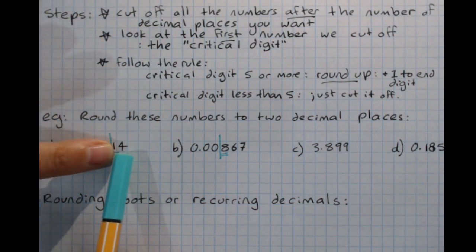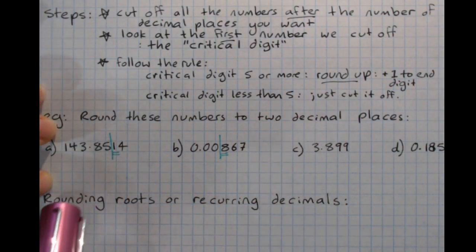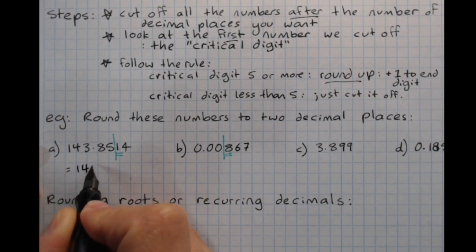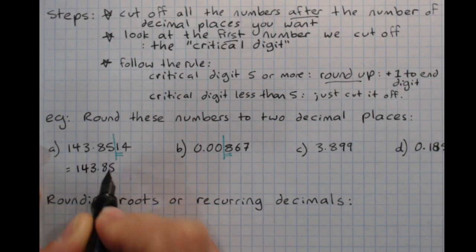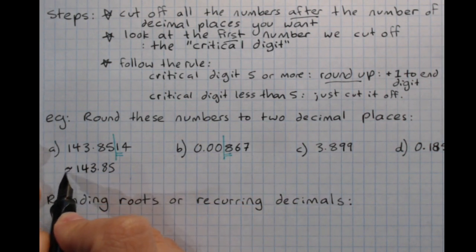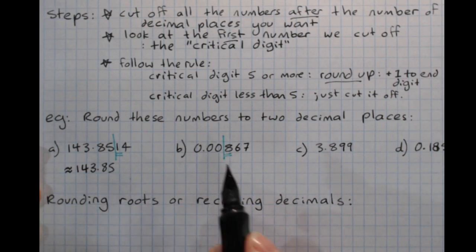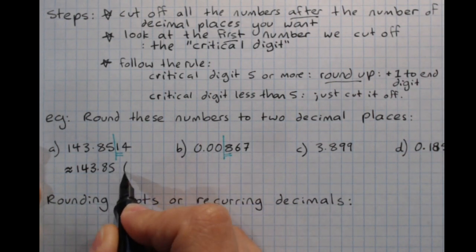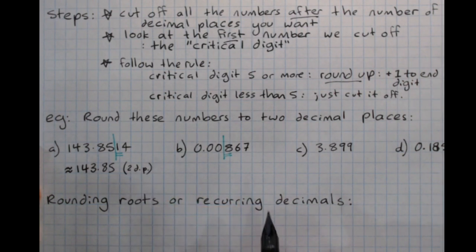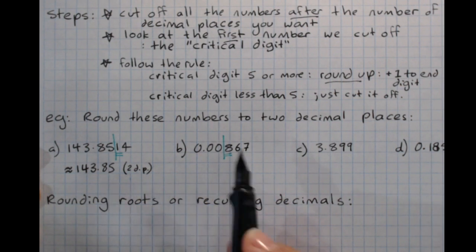No. 1 is not 5 or more, so I just cut off those decimals, and that's 143.85. Sometimes we'd prefer to write that as approximately equal to show that we have rounded, or sometimes we'd like to say in brackets 2dp, 2 decimal places. Or sometimes if the question says to do it, we don't have to do either of those.